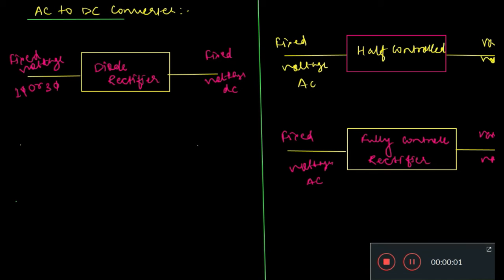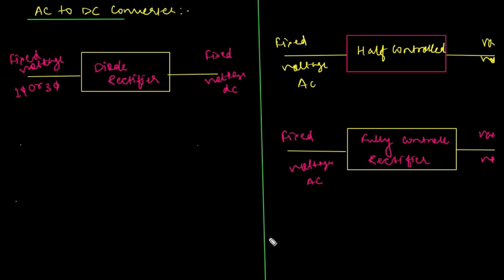Similarly, we are having so many types of AC to DC converters. Here we also use amplidines. I hope you have used this or just heard the name of it.